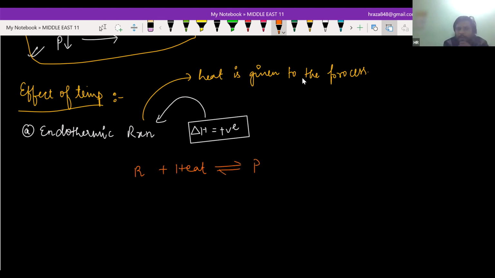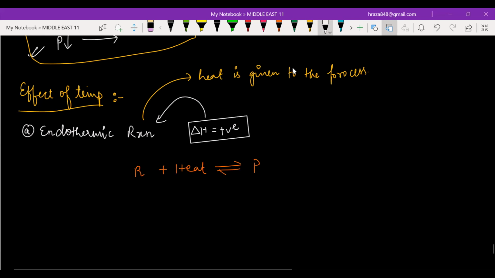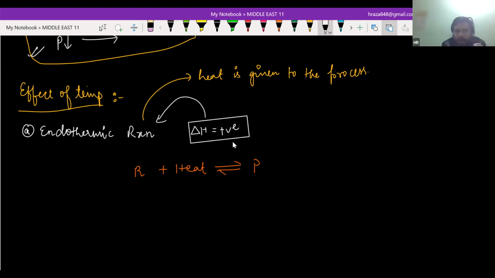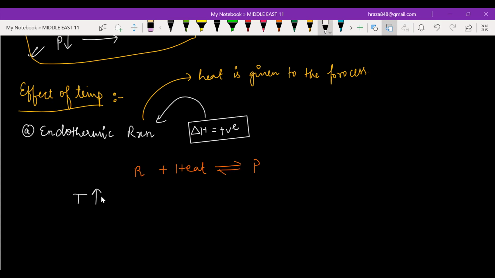Okay, everyone? Yes, sir. Listen carefully, what will be the favorable condition for this reaction in terms of temperature? If we increase the temperature, it will be favorable for this reaction. It will move to the right hand direction, to the product side, easily. Yes, sir.